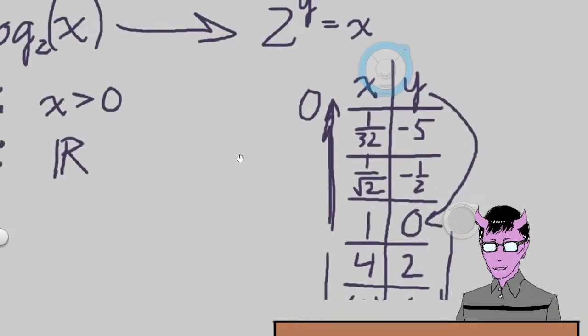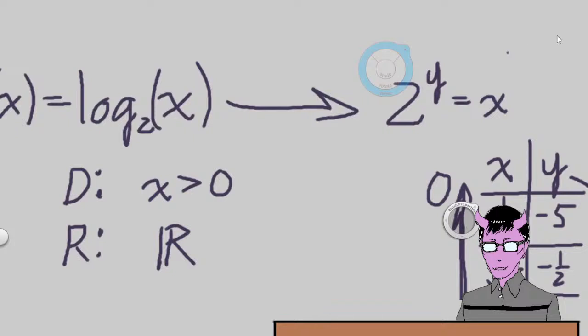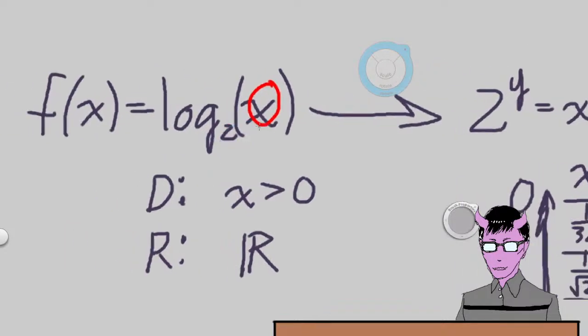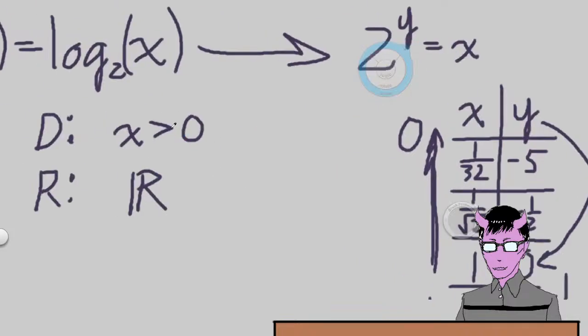And we could summarize this. So we can't pick 0. Again, going back to one of our earlier ideas, if you plug in 0 here, it's unachievable because 2 to the power of something will never get you 0. So we can only creep closer to 0 for the domain.